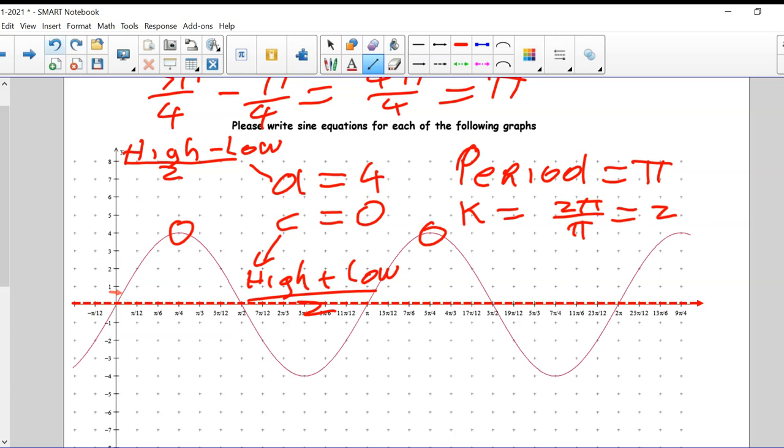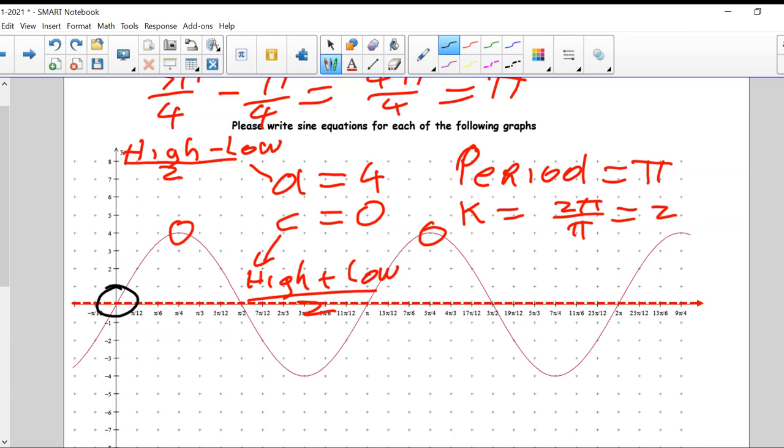Let me take that away. Let me go back to my pen. Okay, so here's where it intersects with the function. The function intersects with the center line right on the xy origin, right? If that is the case, there is no phase shift.